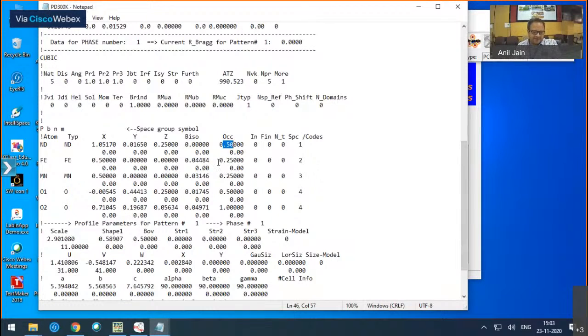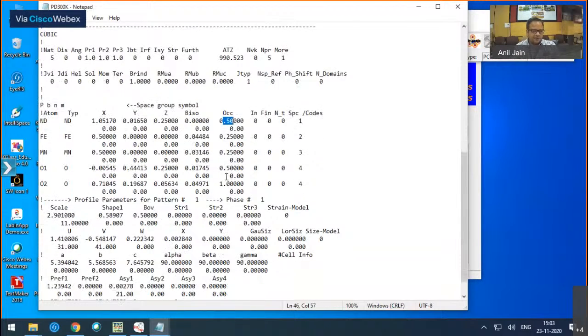It is half, so the occupancy for iron and manganese becomes 0.25 and 0.25. Oxygen, I told you, has two sites.